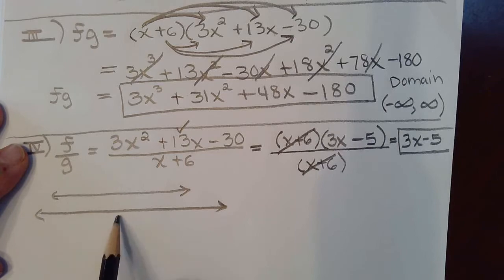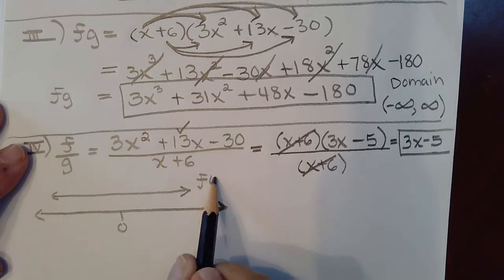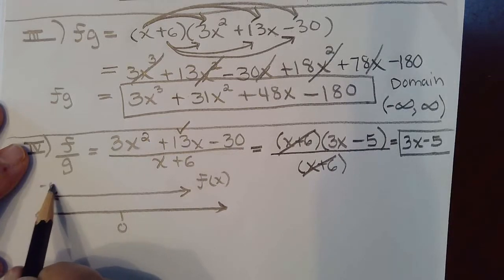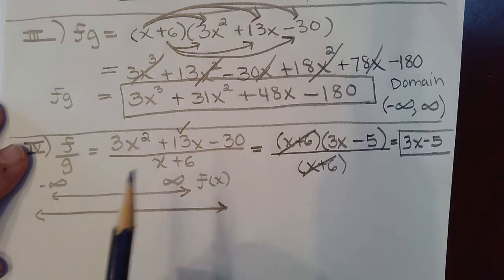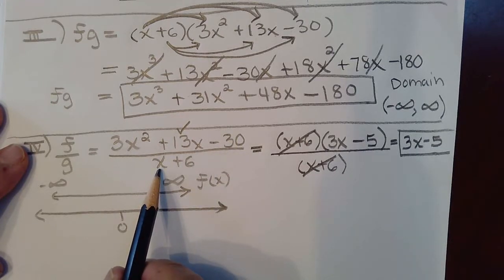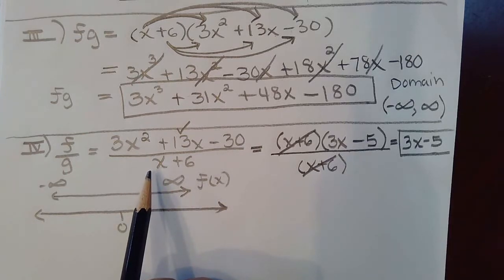This will be my number line with a 0 right here. This will be the domain of f, just all real numbers from negative infinity to infinity, and that's what this function is. The domain for this bottom function, being that it is now part of a denominator rather than just a polynomial, we cannot use negative 6.